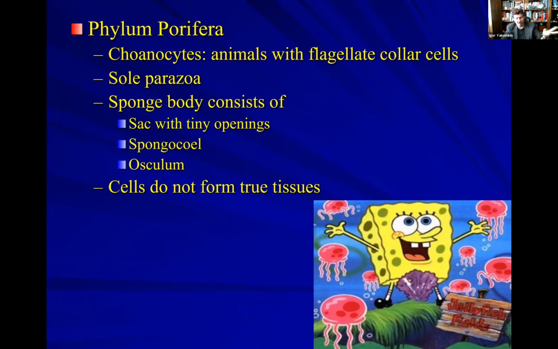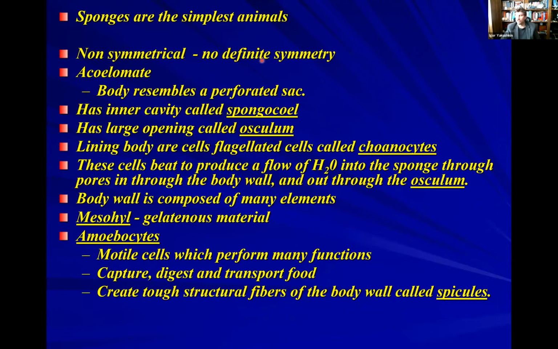Vice versa, an amoeboid cell at some point will start growing a flagellum and will start beating, creating the flow of water. So again, asymmetrical, no definite symmetry, based on whatever they have in the environment. Body, well, acoelomate, don't have a coelom. The body resembles a perforated sac, essentially.